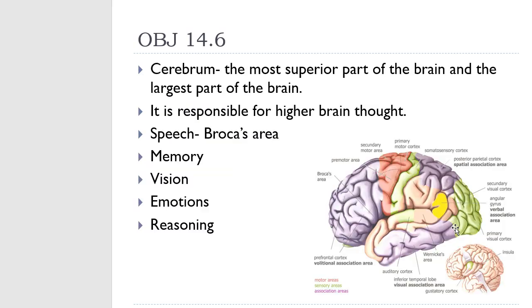We have the cerebrum, which is the most superior part of the brain, the largest part. And I do need you to know all the things it is responsible for. It's definitely responsible for speech, more specifically the Broca's area, memory, vision, emotions, and reasoning.